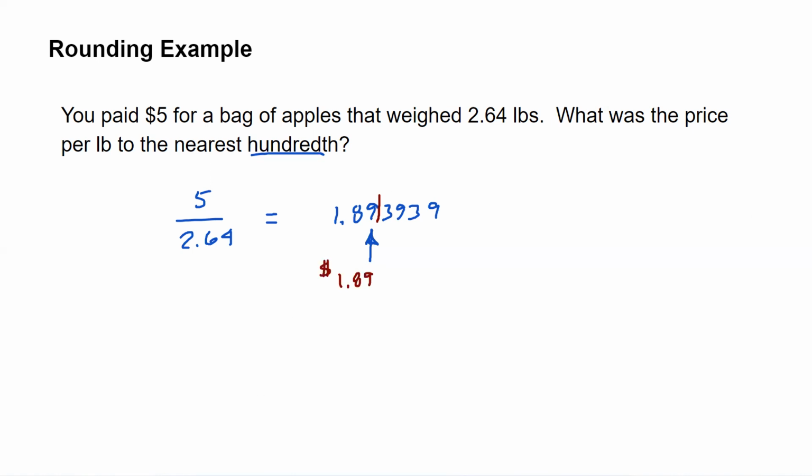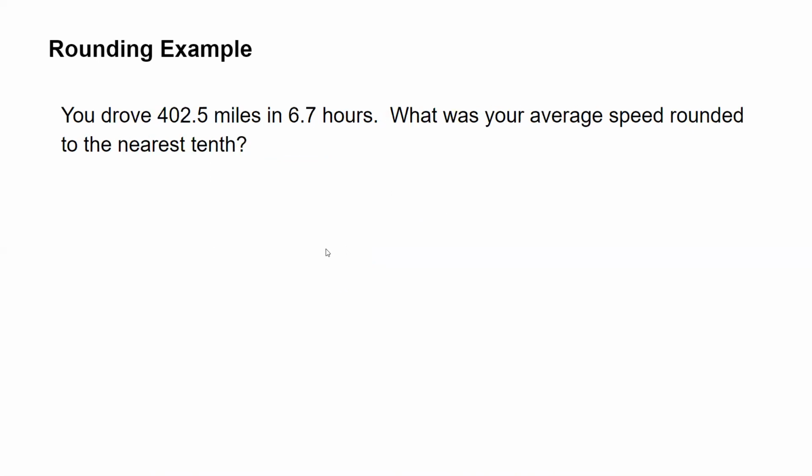Let's take a look at another problem. You drove 402.5 miles in 6.7 hours. What was your average speed rounded to the nearest tenth? So the way we get miles per hour is we divide miles, 402.5, by hours, 6.7.